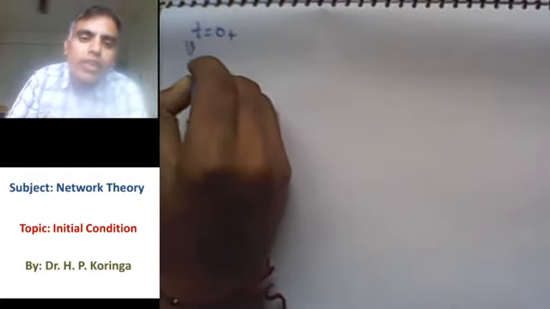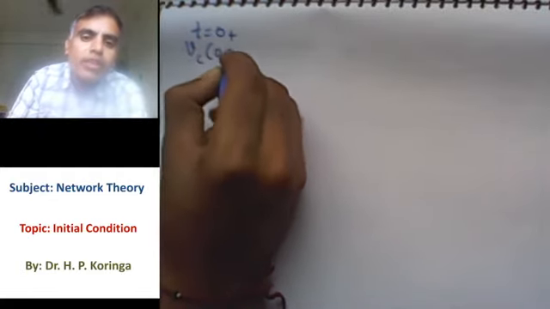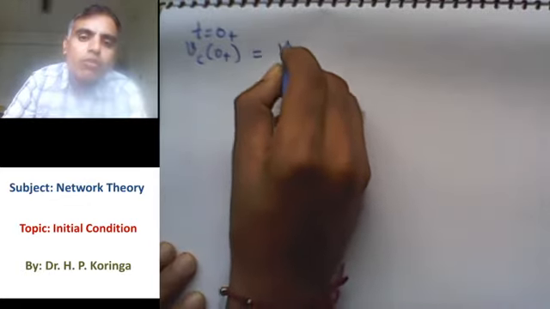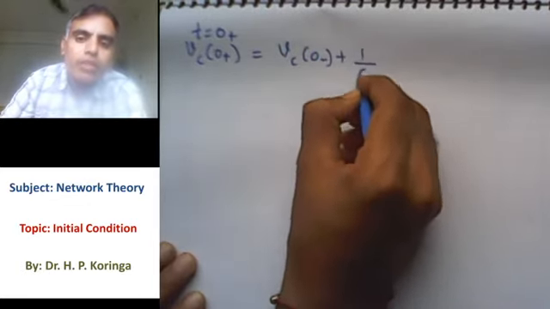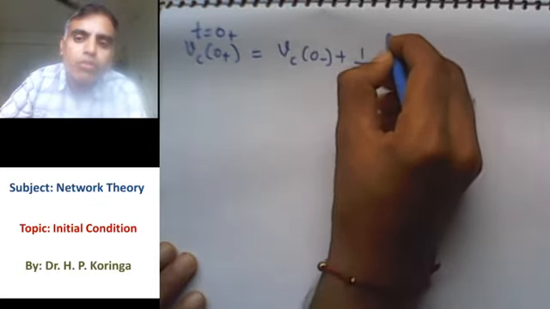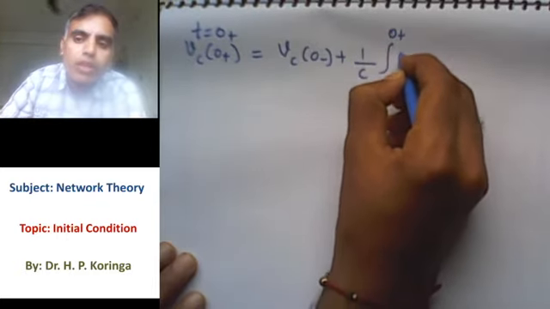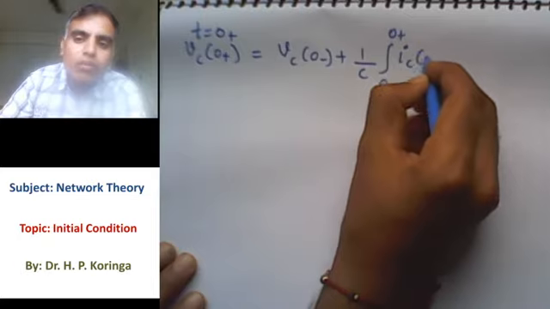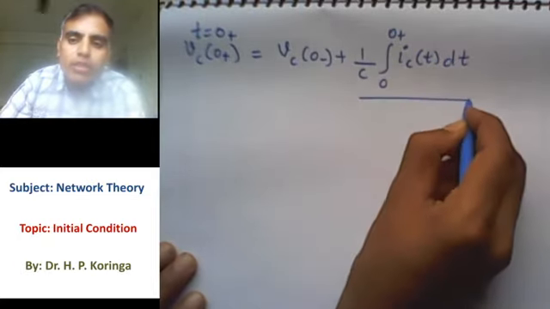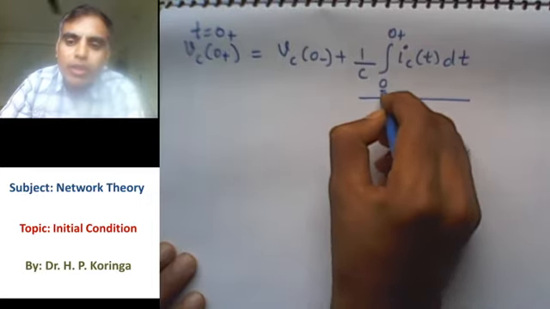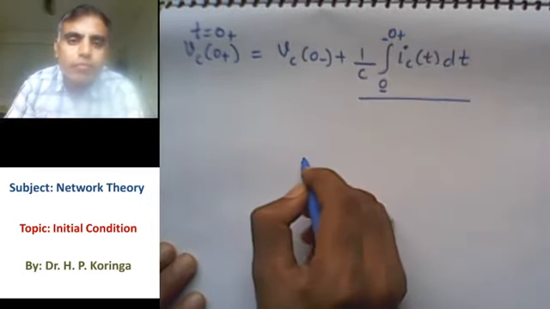Let me substitute t equal to 0 plus. So we get Vc at 0 plus equal to Vc of 0 minus plus 1 upon C times the integration of 0 to 0 plus of Ic of t dt. This term tends to be 0 because the upper and lower limits are equal, right.